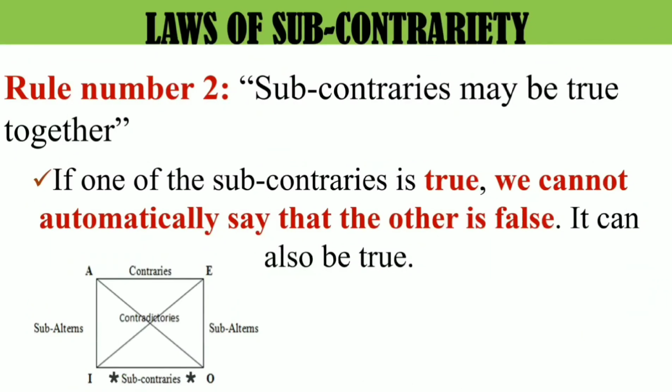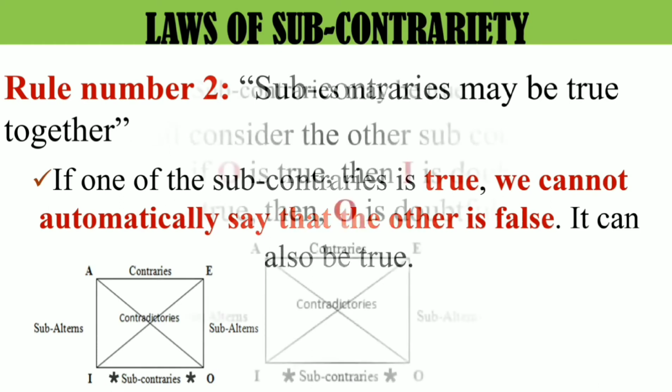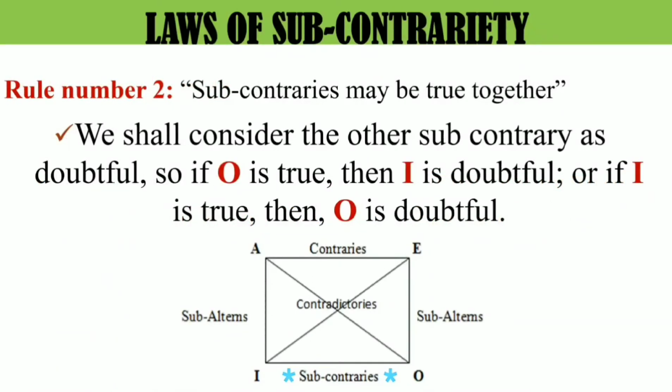Rule number 2: subcontraries may be true together. If one of the subcontraries is true, we cannot automatically say that the other is false. It can also be true. So we shall consider the other subcontrary as doubtful.